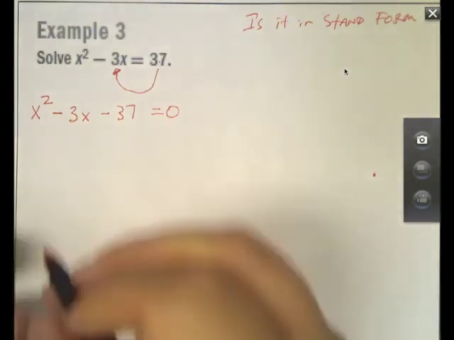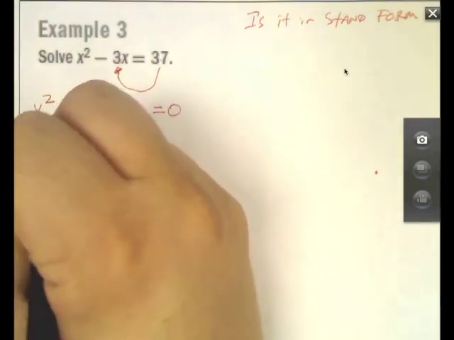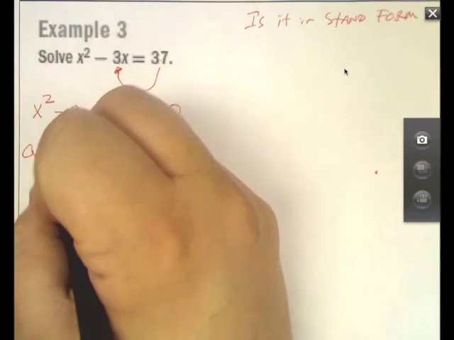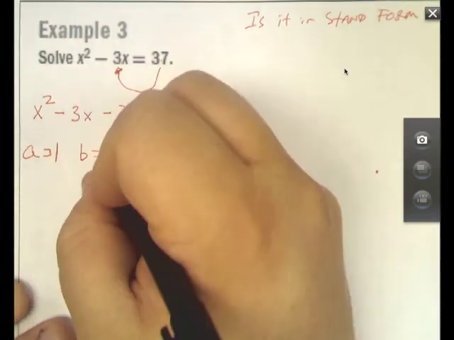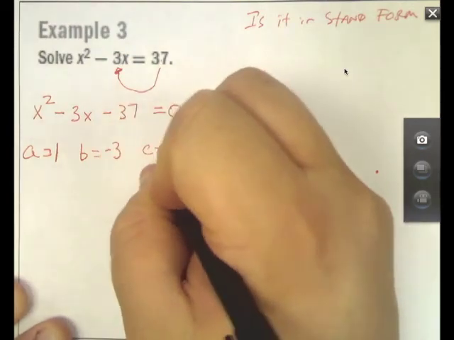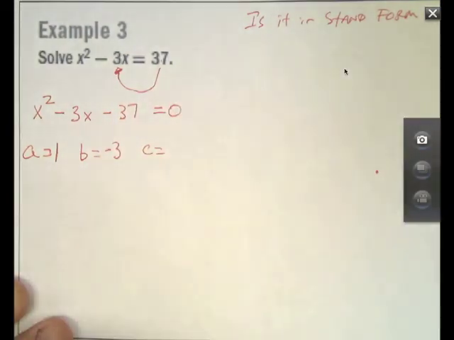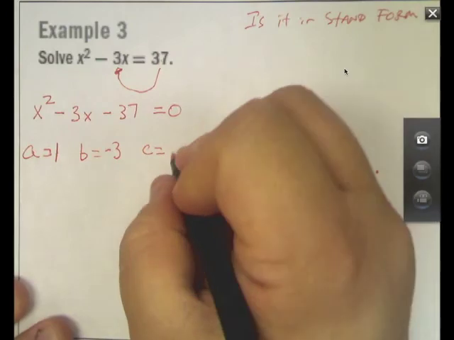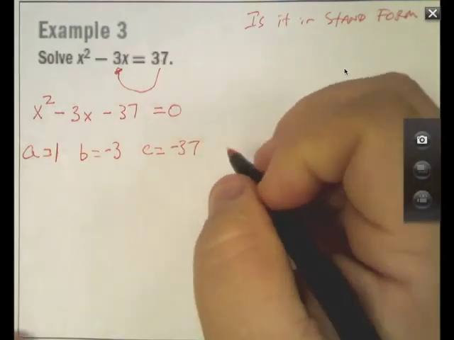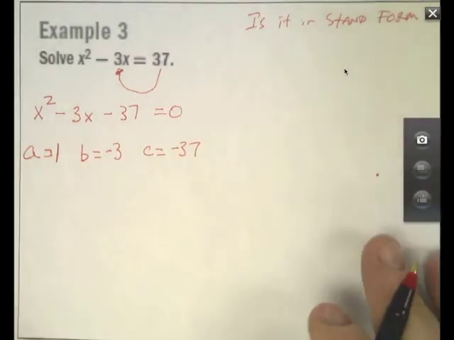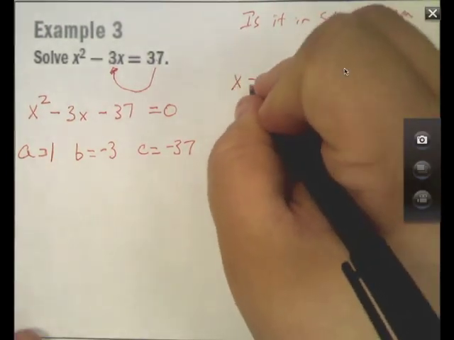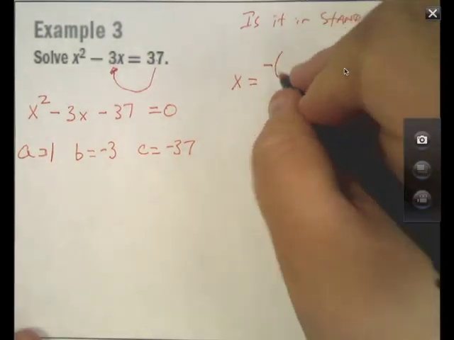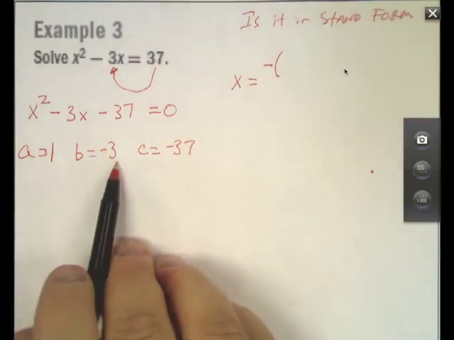Now you're just going to find out what your a, b, and c is. A is what's in front of your x squared. It's 1. B is what's in front of your x, which is a negative 3. And c is your constant, which is a negative 37. Go ahead and put this into your formula. X equals a negative b. B is a negative 3.